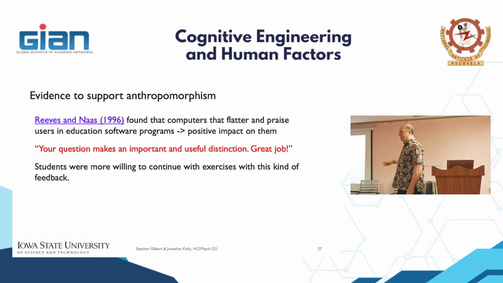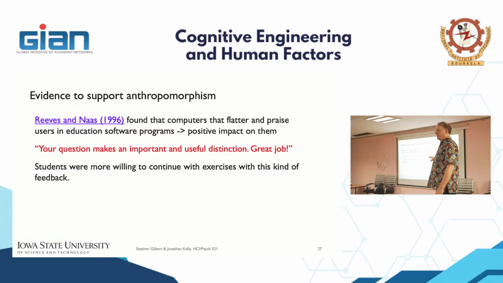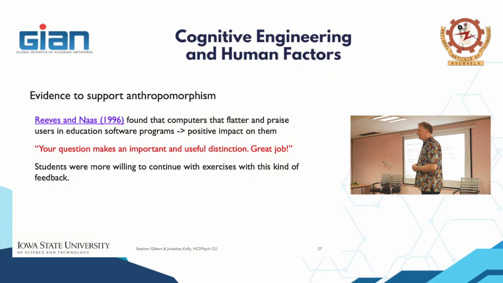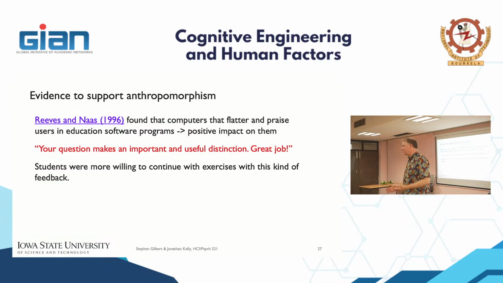ChatGPT has been doing this more recently, as we talked about. They've been sort of praising you, like, oh, great question, or that's a good idea. Do you want me to help you with your other great ideas? Back in 1996, Clifford Nass at Stanford was studying how computers are attributed with emotions by people.